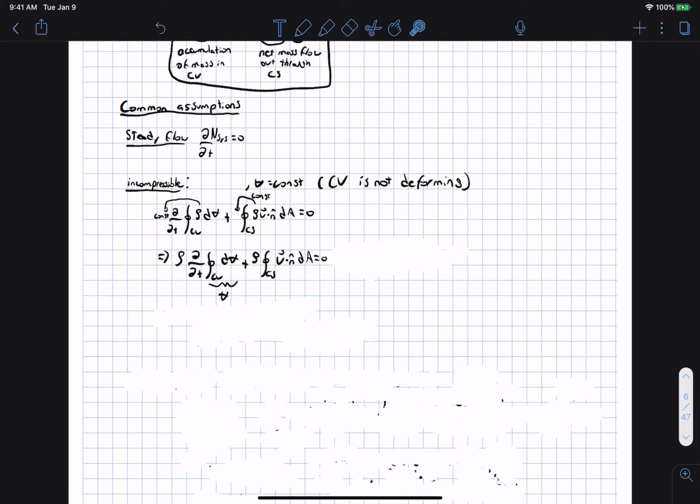There isn't anything special about it, but density is constant, and we have the same density here as we do here, and the right hand side is equal to 0, because that's what conservation of mass stated. So that means we can cancel out these two densities, and this entire integral here is volume, and if the control volume is not deforming, then that means this volume is constant. So the CV is not deforming.